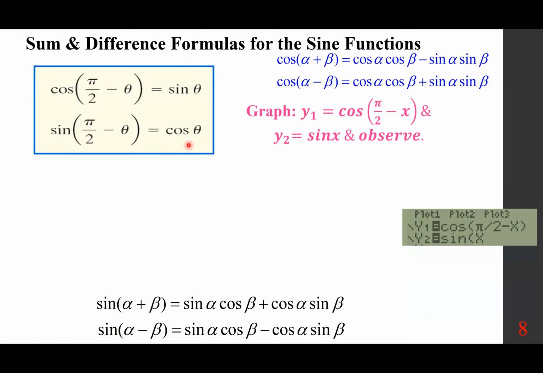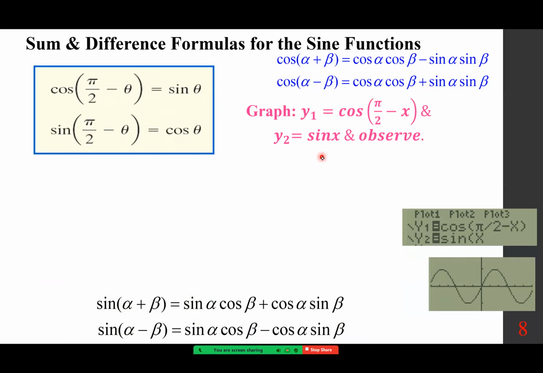If we graph this one, and then we graph this one, it just shows you one graph, it doesn't show you two different graphs. You know this is a sine graph. So graphically, with a graphing calculator, you can show that. Let us show it analytically.